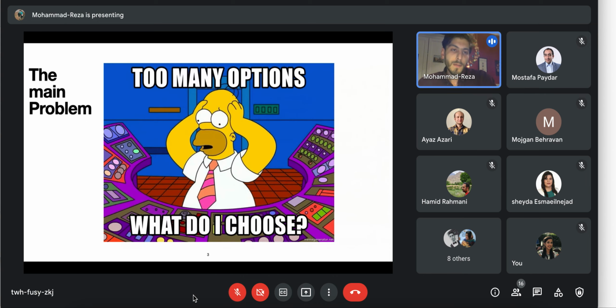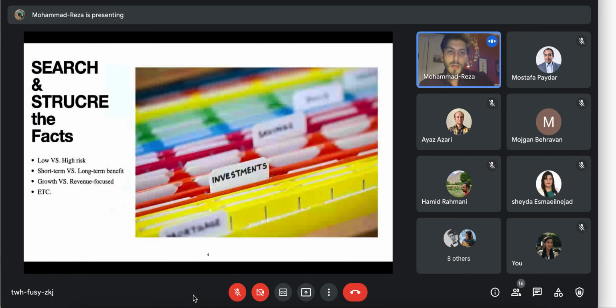The main problem of decision-making problems is that we have too many options, too many factors, and we don't know which one is more important and which one affects the other. It's a kind of frustrating situation, and we are confused, and we don't know which one has affected our strategy or business model.